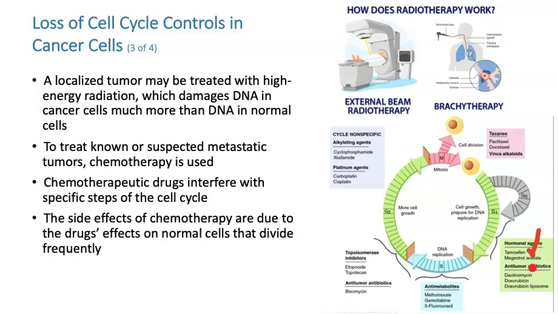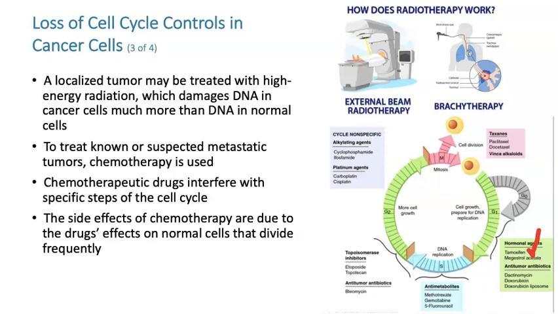Tamoxifen acts as a hormonal interrupter that prevents the cell from leaving G1, and therefore, if the cell is trying to grow but it's not growing, if it's a cancer cell, then it's not going to be able to continue growth, and those cells actually do divide. Remember that cancer cells are dividing and dividing and dividing just all the time. So if you can stop that division, then you can stop the cancer, and then you can kill those cells.